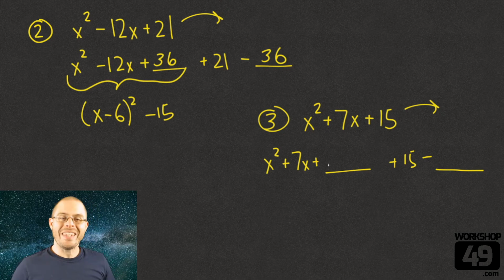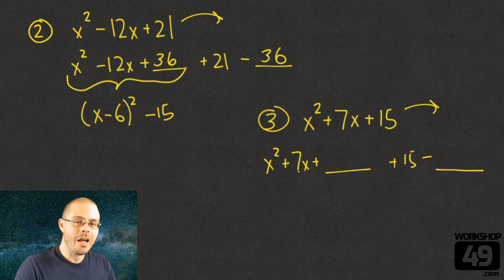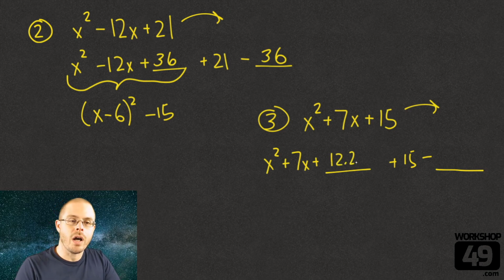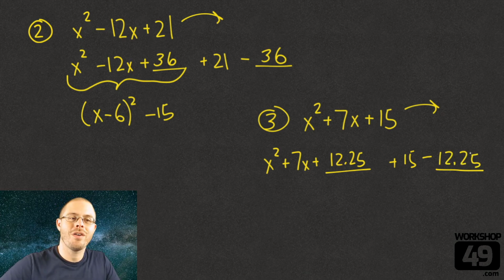The number that we put in that blank has to be half of the number that's in front of the x. It's not nice, but half of 7 is 3.5. And we can square 3.5 because 3.5 squared is 12.25. Because we added a 12.25, we have to subtract a 12.25.